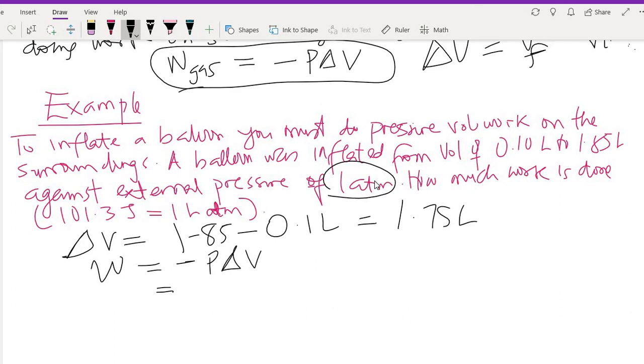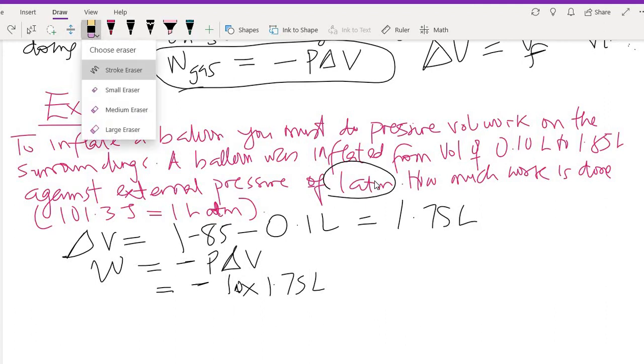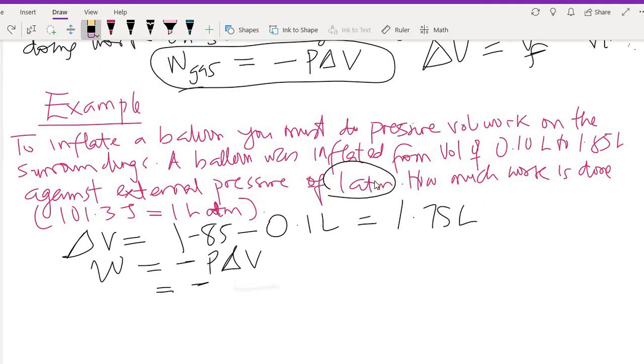So we have negative 1 atmosphere times 1.75 liters.